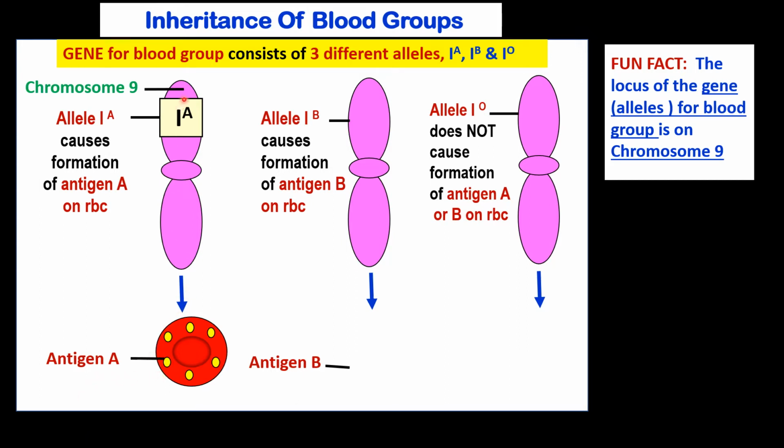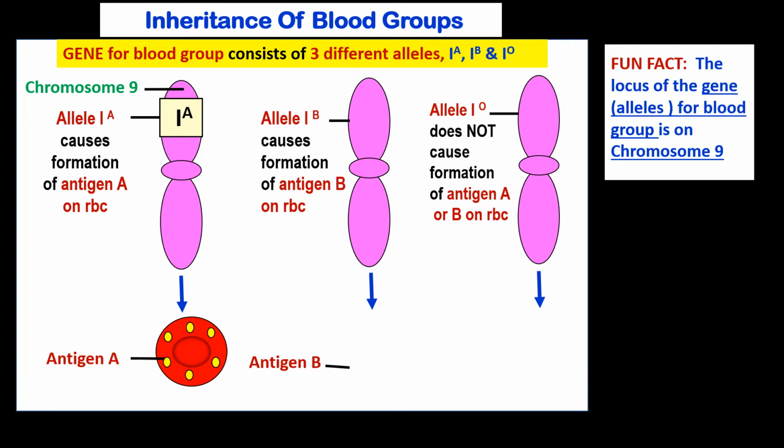Because this gene has the code for the production of an enzyme that finally leads to the formation of this antigen A on the red blood cells. So we just say that allele IA causes the formation of antigen A on red blood cells, okay?